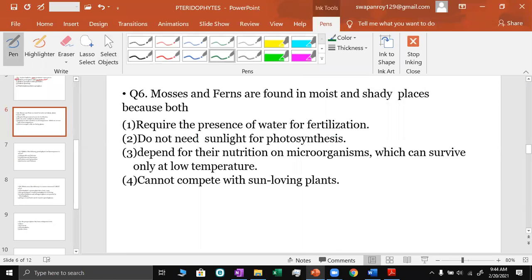Water is essential for their sexual reproduction. So it is this one. Do not need sunlight for photosynthesis? No, they are autotrophs, so they need light for photosynthesis. Depend for nutrition on microorganisms which can survive only at low temperature? No, these are not true. This is not the cause. Cannot compete with sun-loving plants?